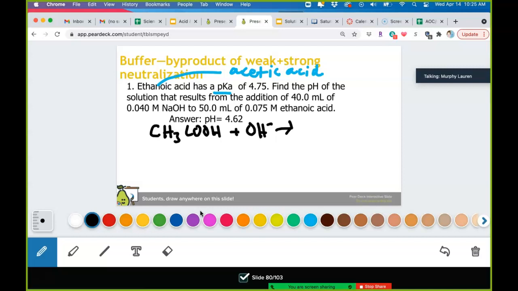What kind of reaction is this? Acid and a base is called neutralization, right? What should we get? Acid, base, salt, water. So who's my salt? Well, remember, acids donate hydrogen ions and bases accept them. So you get CH3COO minus after it loses the hydrogen, and the OH takes it, so you get HOH, also known as water.